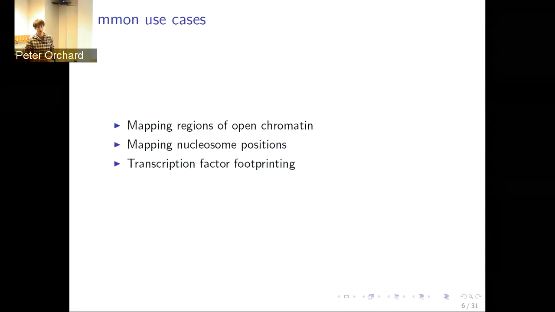You can use it, as Ricardo was referring to, to look at transcription factor footprinting. So that's a case where you want the per base pair resolution. You want to know where each cut from the Tn5 transposase occurred. The idea being that you can then use that to infer precise regions of transcription factor binding.